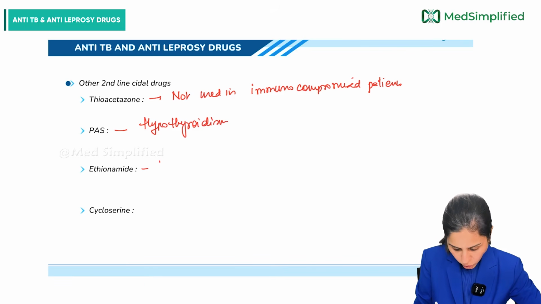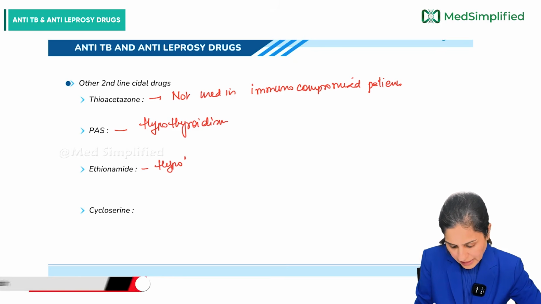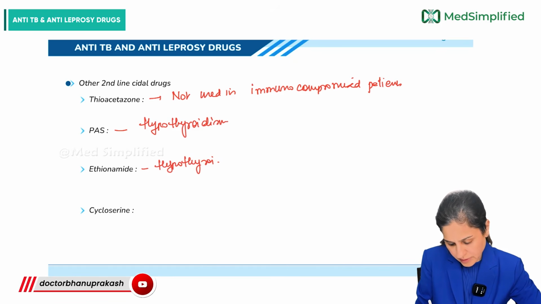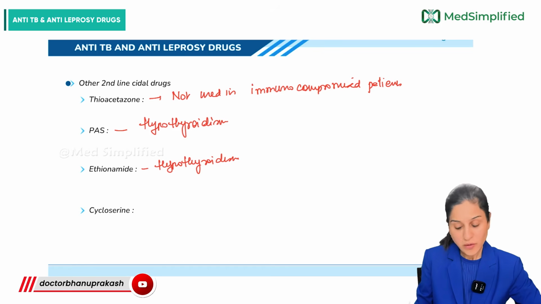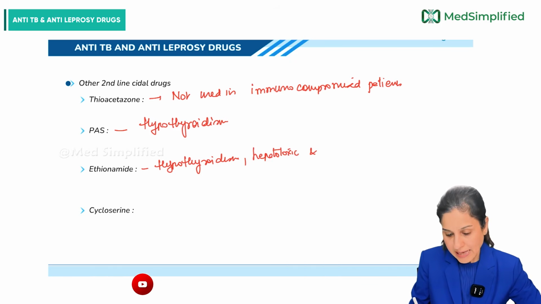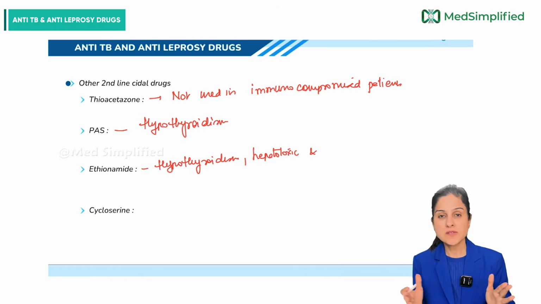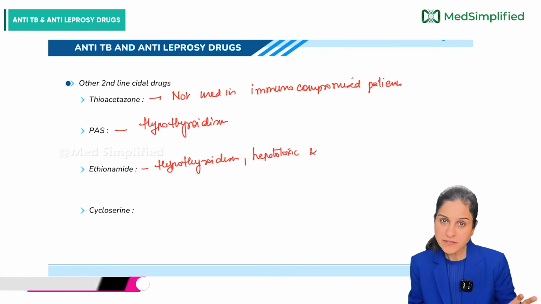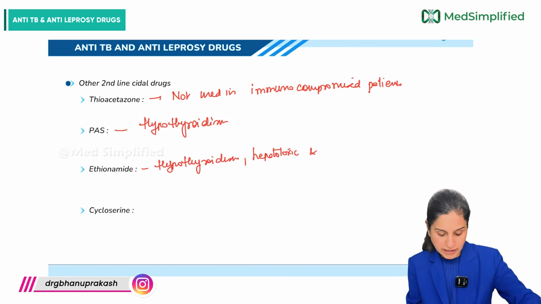Ethionamide also causes hypothyroidism. It is also hepatotoxic and there is cross resistance with INH. So if there is a resistance to INH, we can't give ethionamide.